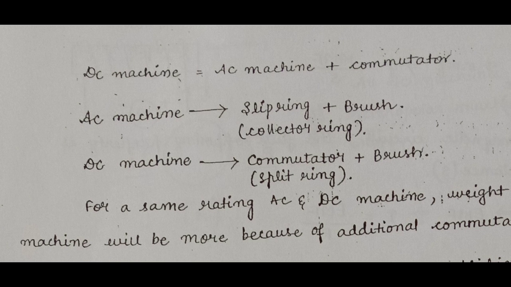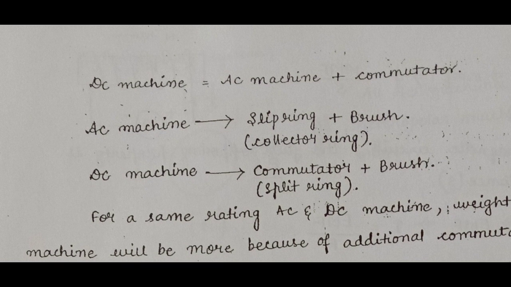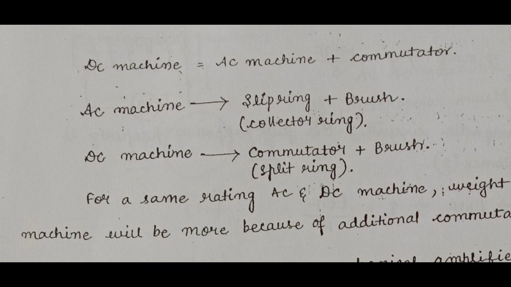Because in any DC machine or AC machine, the inside action is AC action. So if it is a DC machine, the inside AC is converted into the outside DC by the commutator.